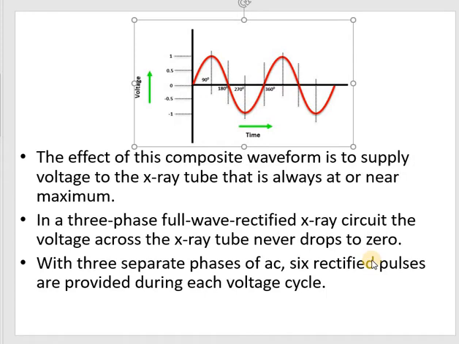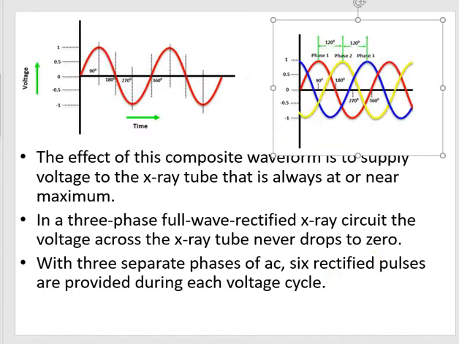Each AC power signal is 120 degrees apart from the others. During one cycle of 360 degrees, each phase would have a peak in the voltage twice. So this is the first peak, and this is the second peak. First peak, second peak, first peak, and second peak.